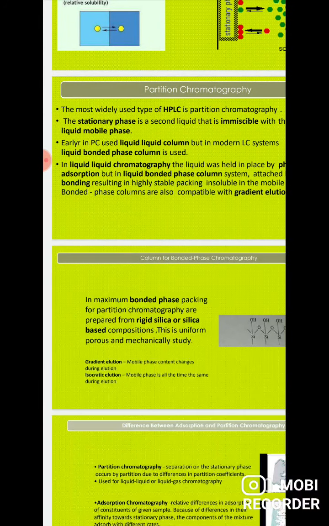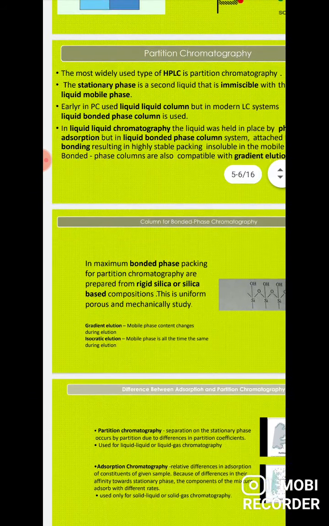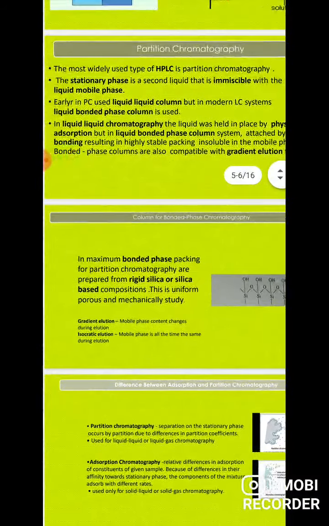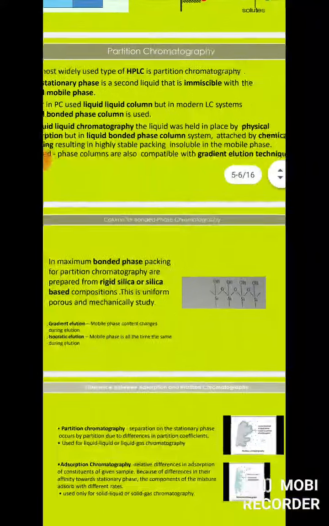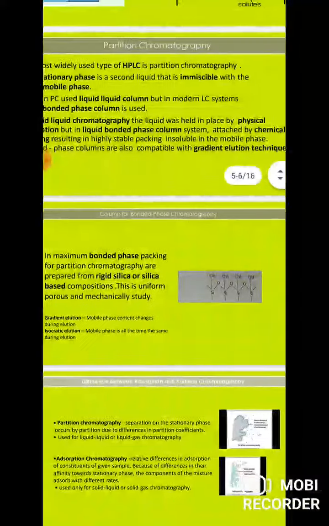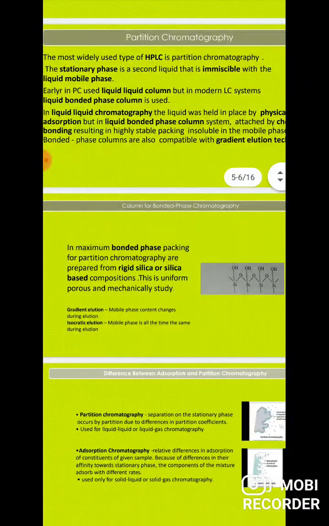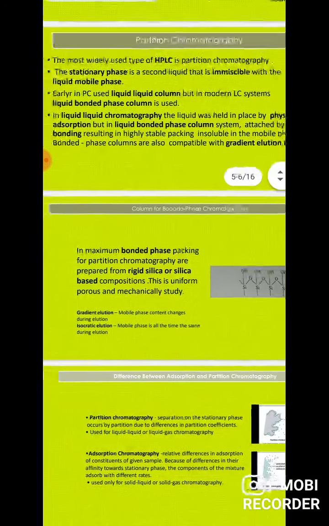Earlier, paper chromatography used a liquid column, but in modern LC systems a liquid bonded phase column is used. In liquid chromatography, a liquid was held in place by physical adsorption, but in the liquid bonded phase column system it is attached by chemical bonding, resulting in highly stable packing that is insoluble in the mobile phase.